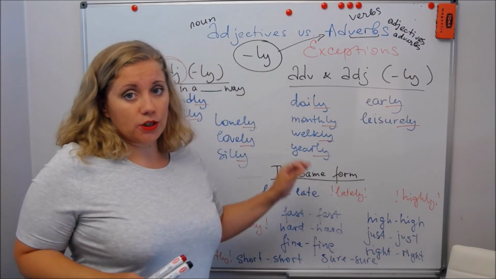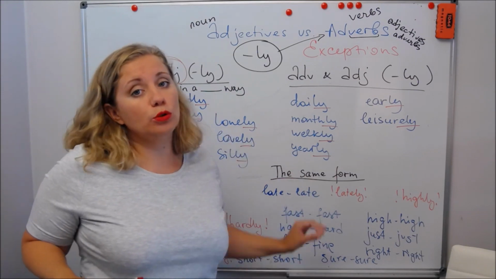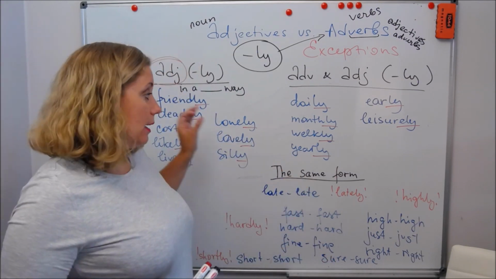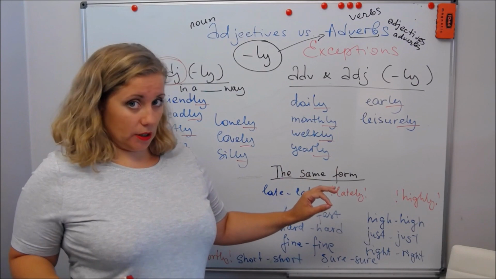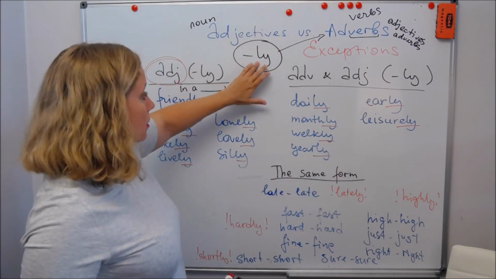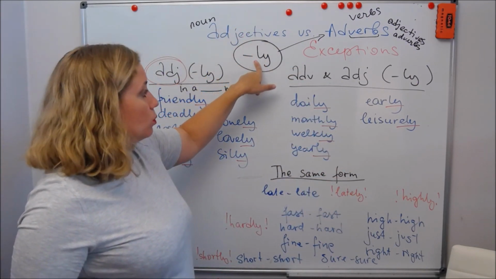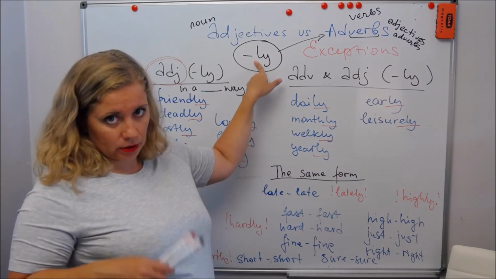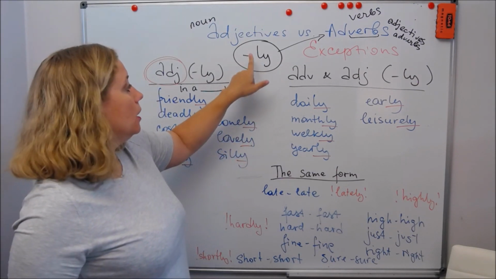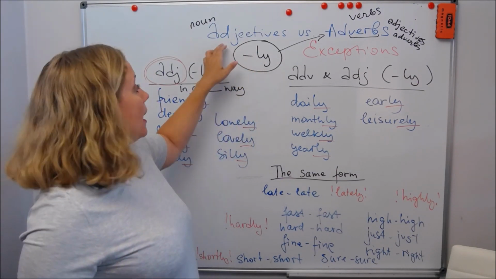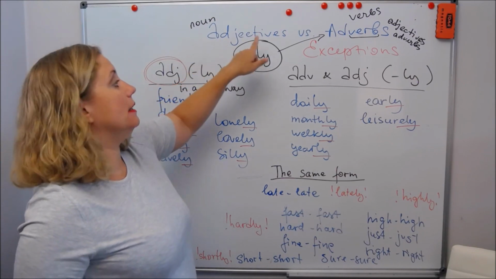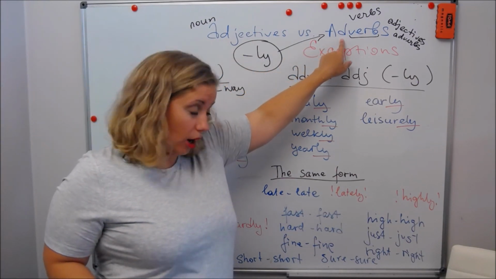And if you practice, if you notice, if you look for the examples, I am sure you will remember that easily. So the general rule is, if you want to form an adverb to describe some action, you will add ly to the adjective. For example, easy, easily, how, yeah?